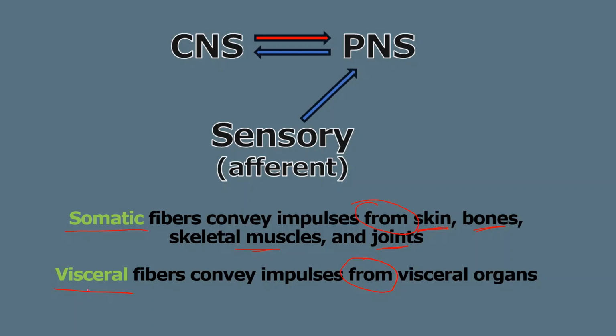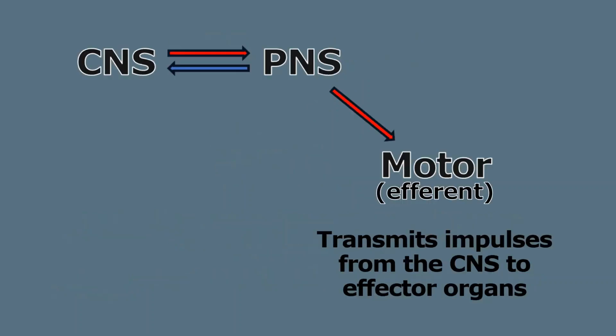If you are a visceral fiber, you're still sending information from somewhere, but now you're taking it from some sort of visceral organ like the heart or the lungs or the pancreas, so forth, and you're taking that information toward the CNS.